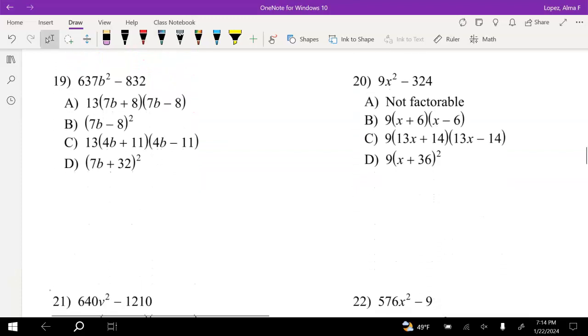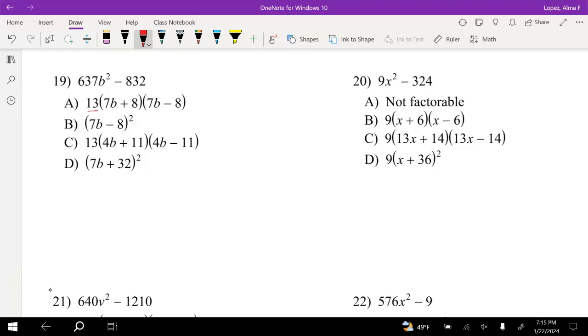Okay, we've got number 19. Oh my, okay. I definitely think they're going to have something in common. So I'm going to grab my calculator real fast. They're asking us to pick which one of these is the answer.